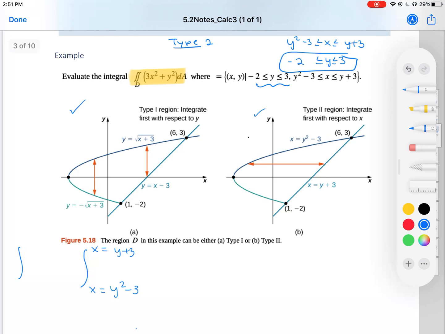And for y, we have y is equal to 3 and y is equal to -2. Remember, your higher bound goes on top, your lower bound goes on the bottom. And we're integrating for the function 3x squared plus y squared. And we first are working with our x and then with our y, since we're working with the type 2 argument.